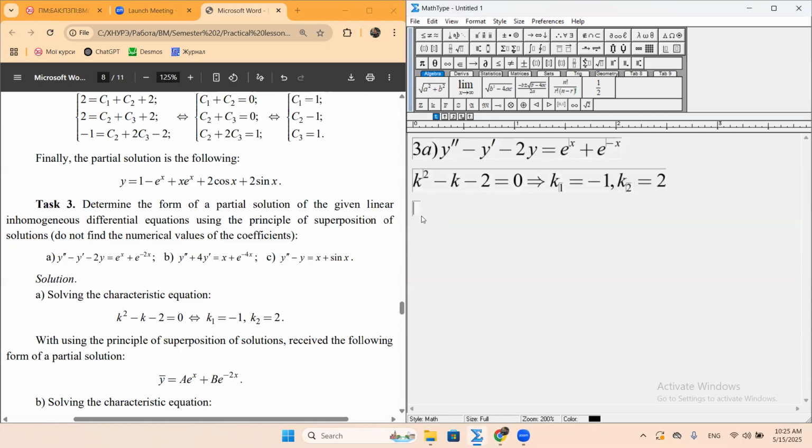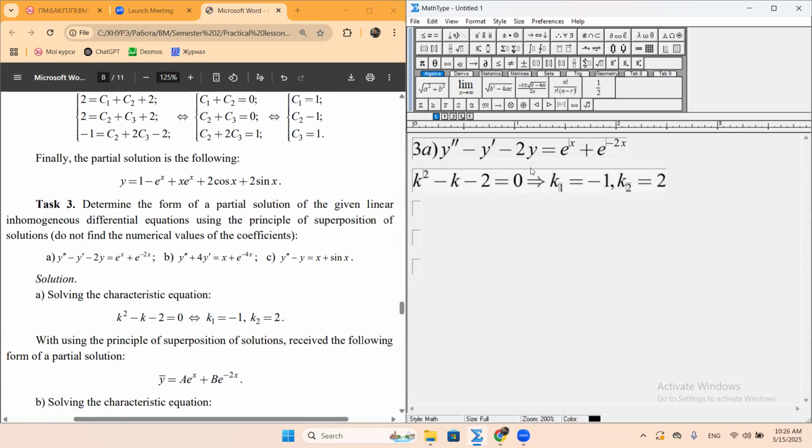We found the roots, but we don't even have to write down the general solution of the homogeneous equation.